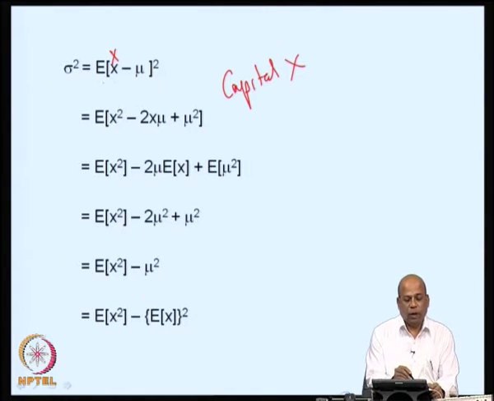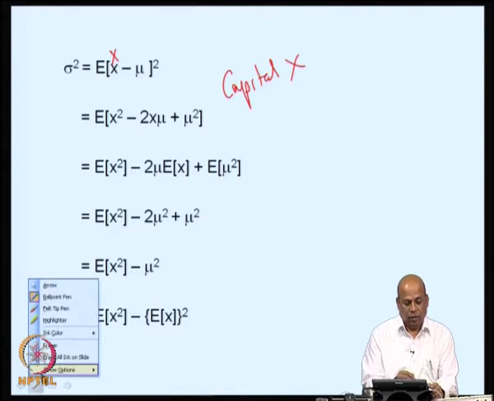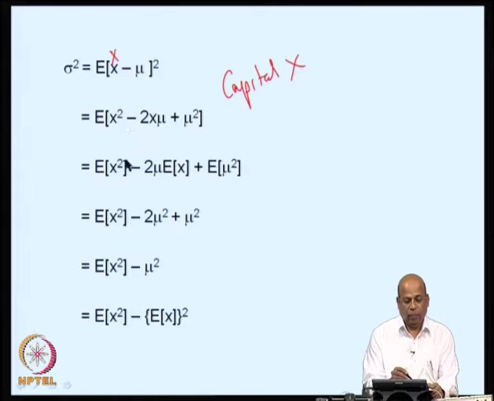So, from here expected value of X minus mu the whole square, we expand this. So, we are talking about expected value of X square minus 2 X mu plus mu square. So, when we simplify this, recall the properties of the expected value. So, I can write this as expected value of X square minus 2 mu, being constant, it comes out, into expected value of X plus expected value of mu square.